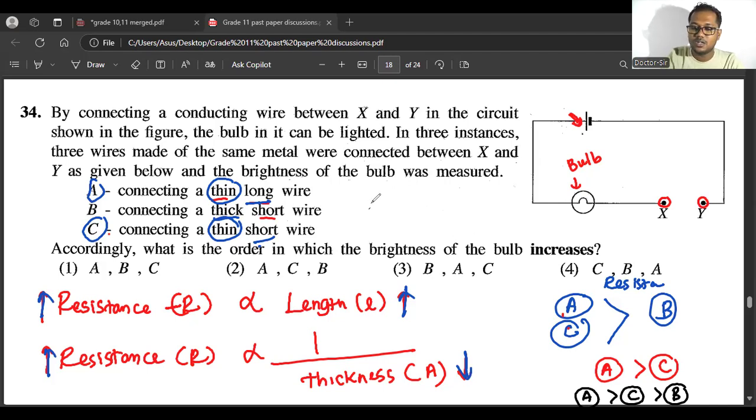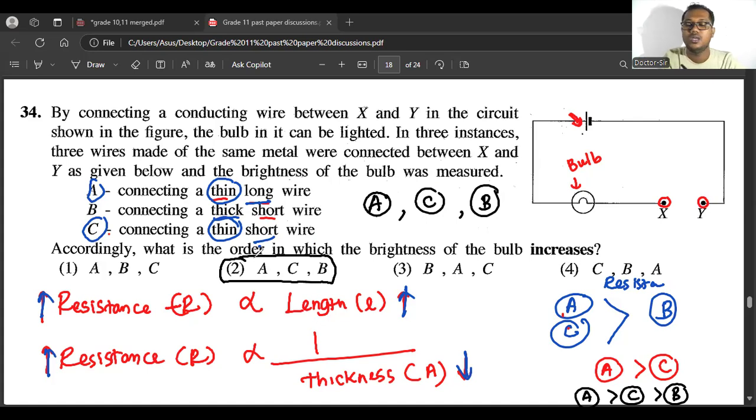So the resistance is highest in A, then C has a little bit less resistance, then B has very little resistance due to the increased thickness and the short wire. So A, C, B, the order is answer 2.